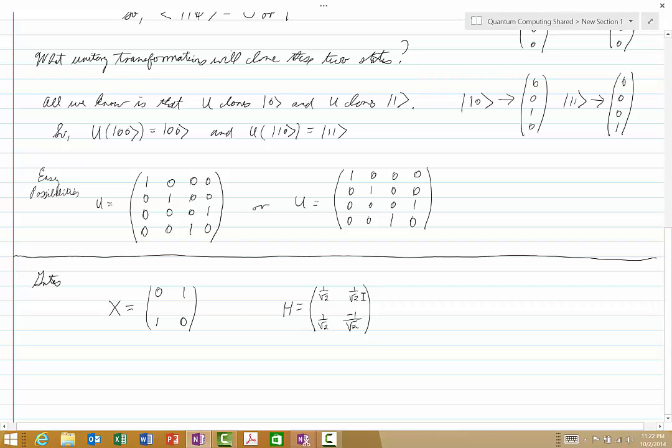And it will take the 1 ket to 1 over square root of 2 times the 0 ket minus 1 over square root of 2 times the 1 ket, which is the same thing as the minus ket in the Hadamard basis. So here are two transformations that both act on single qubit states and that will play an important role in several of the examples that we'll look at.